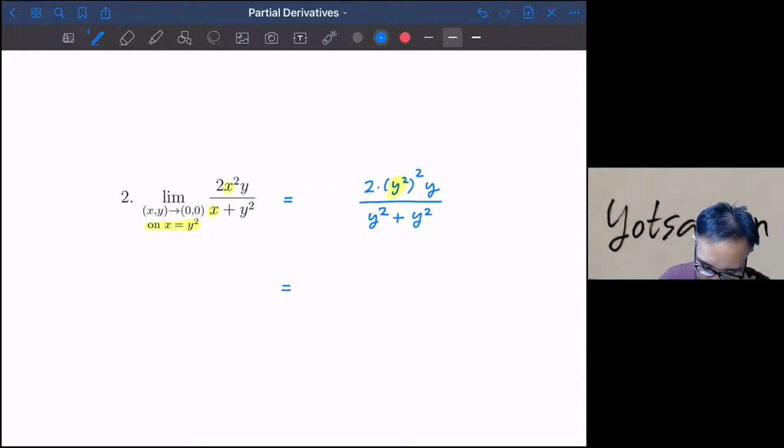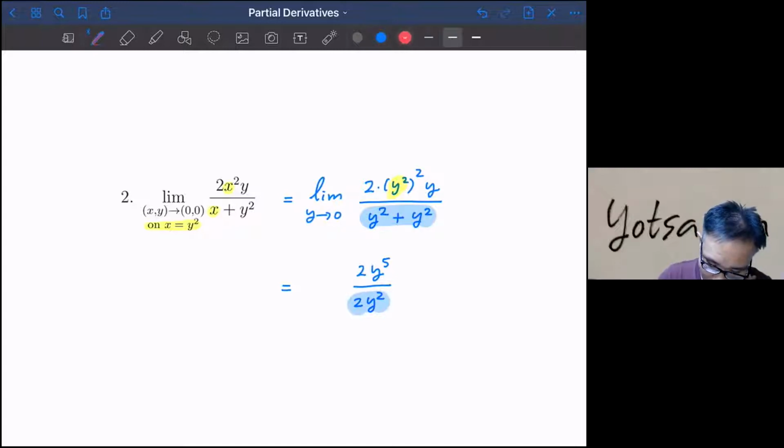So the top guy is going to be 2y to the 4th times y, so it's going to be 2y to the 5th, and the bottom guy is going to be 2y squared. Let me highlight 2y squared for you to see easier. So that's my bottom guy, and this is going to be the limit as y goes to 0, because you have no x left, so it's going to be just y.